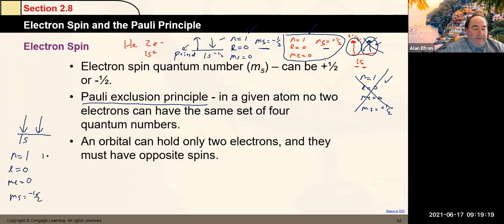And if we did it for our other electron, it would hit exactly the same 4 quantum numbers, which again is a violation of Pauli's exclusion rule. So when we draw or talk about electrons within the same orbital, because of Pauli's exclusion rule, we always put them going in opposite directions.